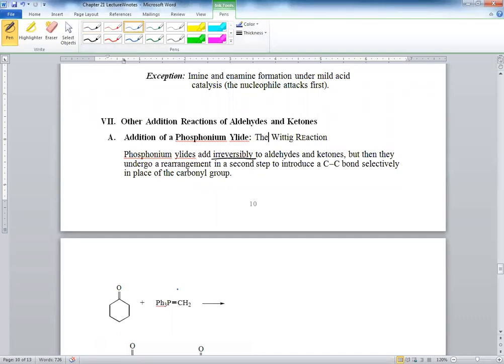What you're doing is you're going to replace this oxygen with whatever is attached on the other end of the phosphorus of the ylide. So in this case, the CH2 is going to replace the oxygen.